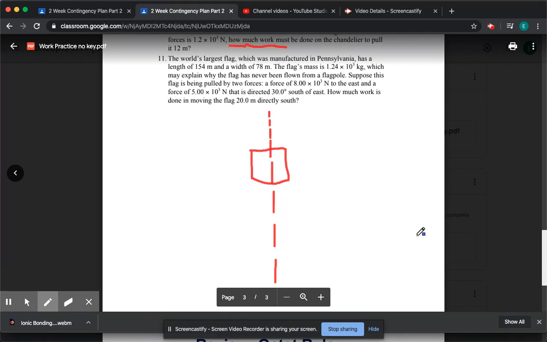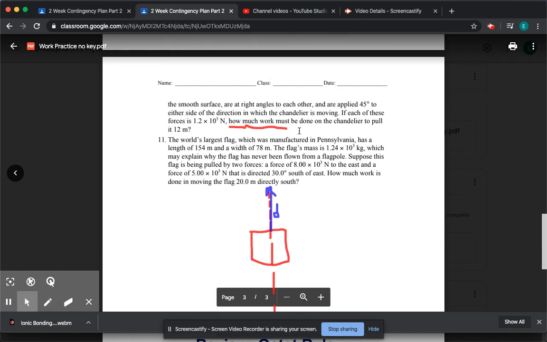The displacement is forward, okay? So I'm gonna draw this. This is your D. Okay, the displacement is forward. What it's saying is that the forces are going to be at 90 degrees to each other, right?